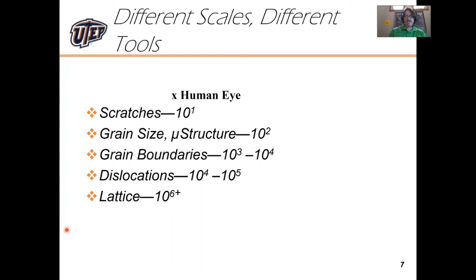To see a scratch, we could probably see it with our eyes, but maybe we need something with a 10x mag to really characterize the scratch. Grain size, microstructure, optical microscopy, typically 100 times that of your eye. Grain boundaries, to actually characterize the boundary, 1,000 times minimum. Dislocations, you need 10,000 times and greater, and lattice structure even greater.